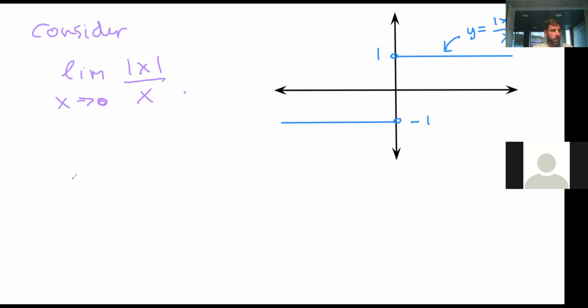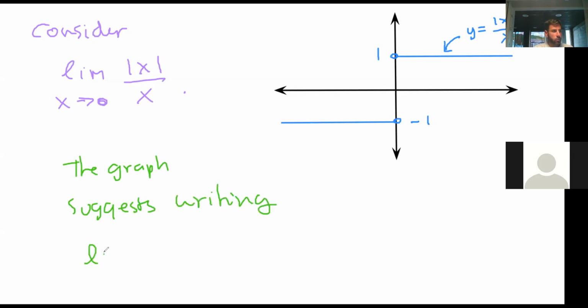And so this suggests, at least the graph, writing the limit as x approaches 0 from the left-hand side, which we'll put this little minus thing here. It suggests that this is equal to -1, and it suggests maybe this notation.